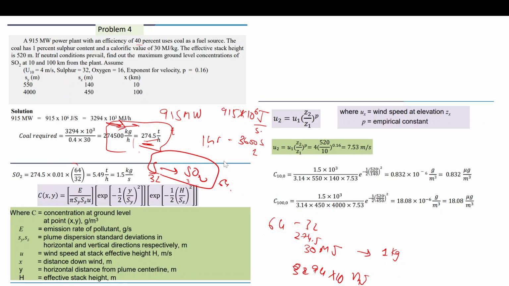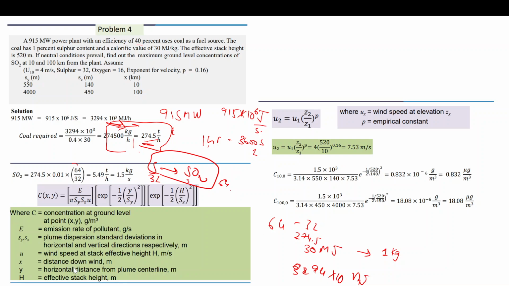Next you need to find out the emission rate, which is in kg per second, because that is required. Everything else you know, which is sigma y, sigma z, they are given to you. Wind speed you know, it is given, right? Which is at 10 meters height. So that again you need to calculate at 520 meters by this formula, and Y and X are given to you.